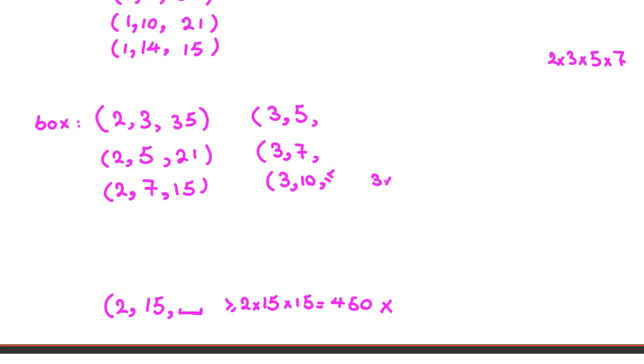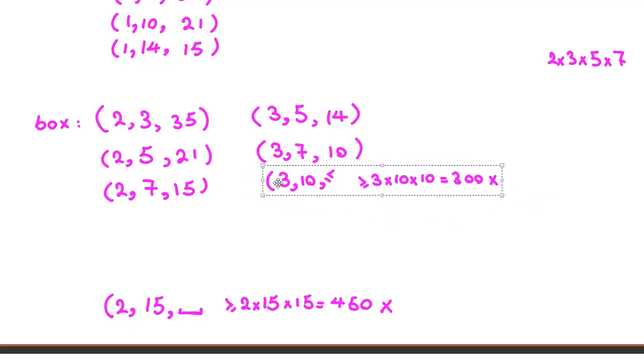So the product will be at least 3 times 10 times 10, it is 300, but we want to reach 210. So 3 5, it will be 14. 3 7, 2 times 5, 10. Okay, so we found two other cases if we start with 3.